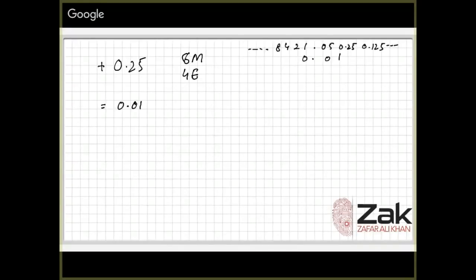No, because we don't have anything on the whole side. So what would the exponent be? The exponent would be zeros, because we don't have to move the point. So this would become 0.01 into 2 to the power 0. This would become 0, 0, 1, and so on for 8 mantissa bits, and then 4 exponent bits.